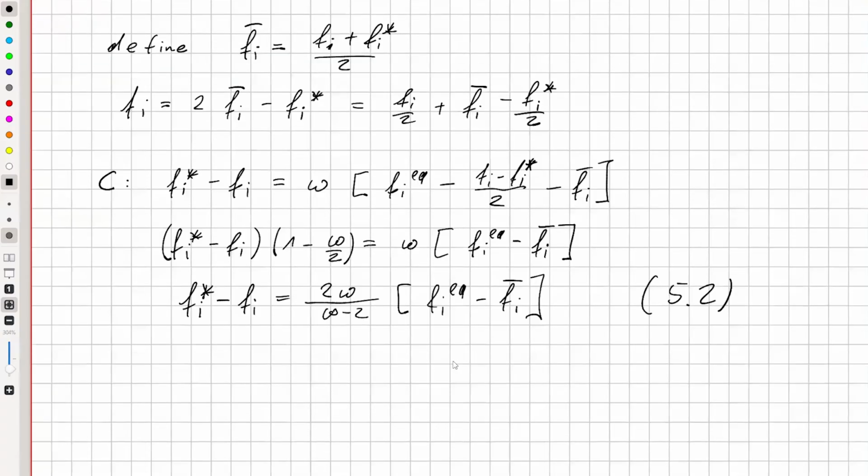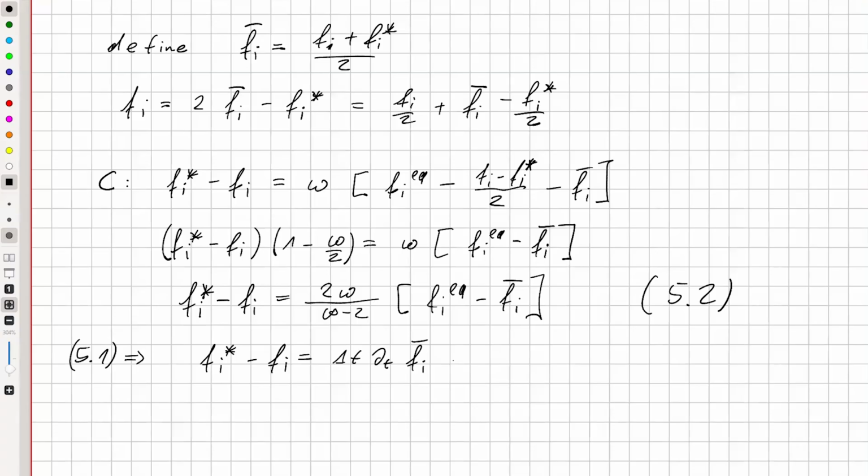So now we are plugging this into our equation 5.1, where we have fi after collision minus fi before collision is delta t dt.